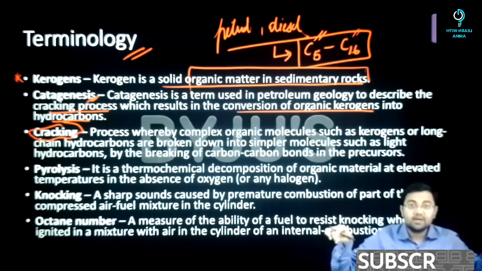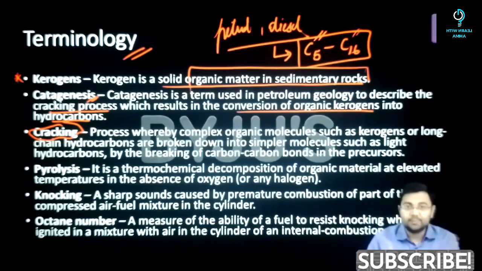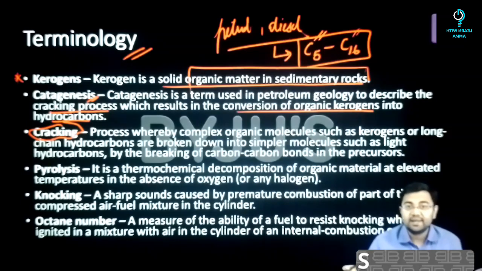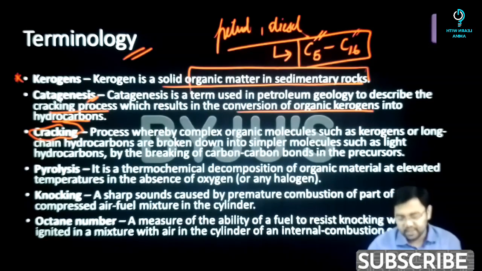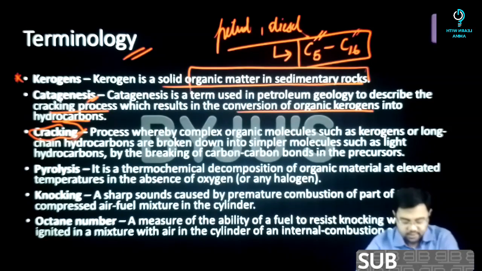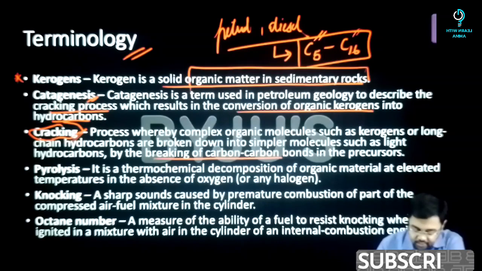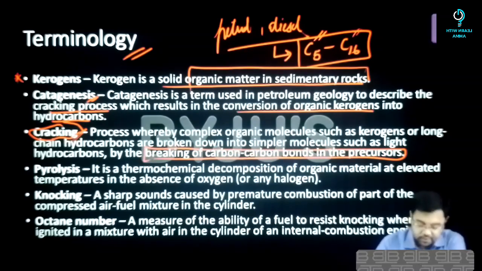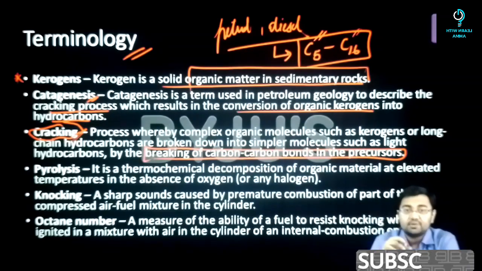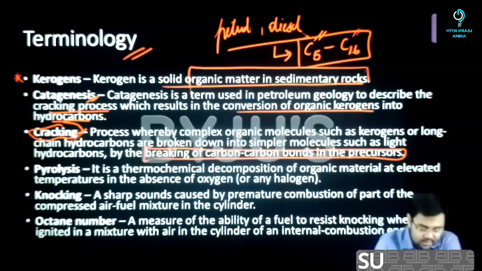These long carbon chains are broken up, and this conversion of complex organic matter into simpler hydrocarbons is called the process of cracking. So cracking means that breaking of carbon bonds happens and it leads to the formation of lesser hydrocarbons, or hydrocarbons with shorter carbon chains.